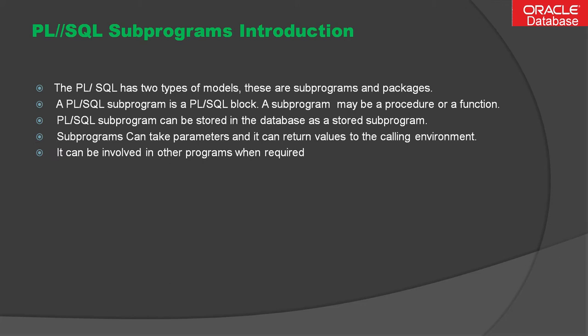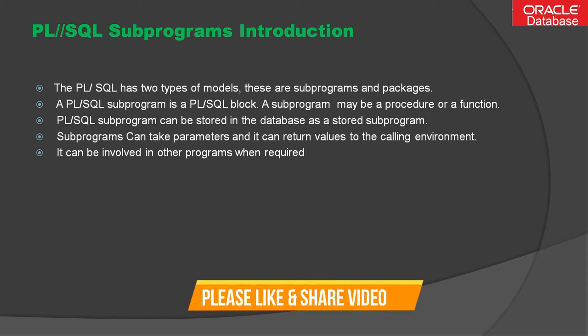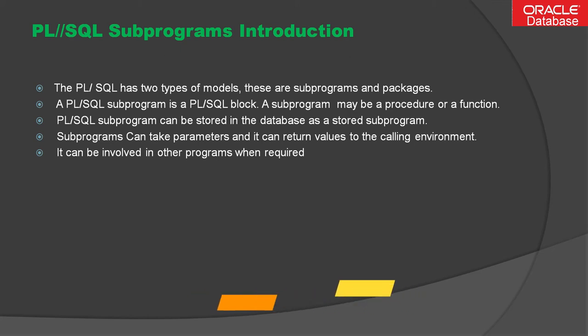Subprograms can also be invoked in other programs when required. Like one stored procedure you can call from another stored procedure, or any existing function can be called from any stored procedure.